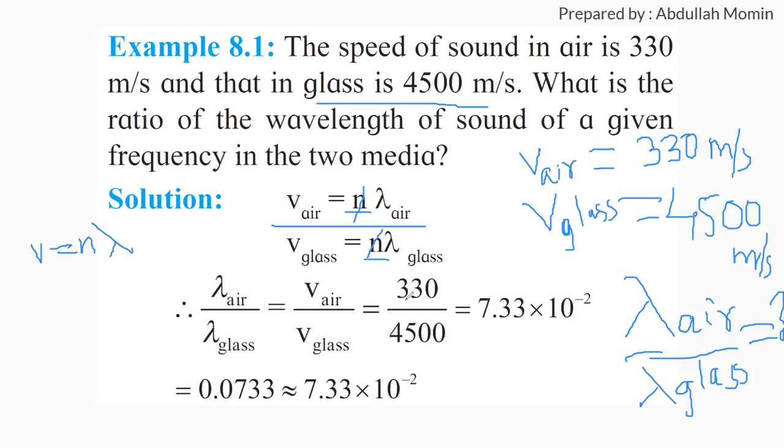And V air, we have the value 330 divided by 4500, and when you solve this you will get 7.33 into 10 raised to minus 2, or we will write 0.0733. So this is the ratio of wavelength of sound of a given frequency in the two media.